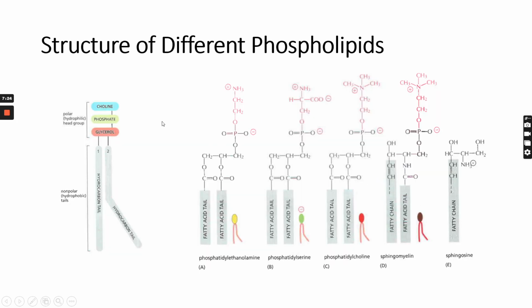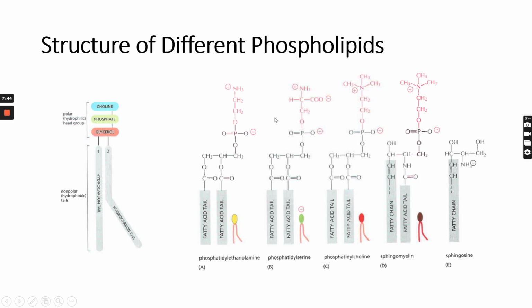Now, structure of different phospholipids. How does a phospholipid look? It has a phosphate, the glycerol, and the long hydrocarbon chain. This hydrocarbon tail is hydrophobic, and above all there are some groups present. If it is choline, then it will form phosphatidylcholine.